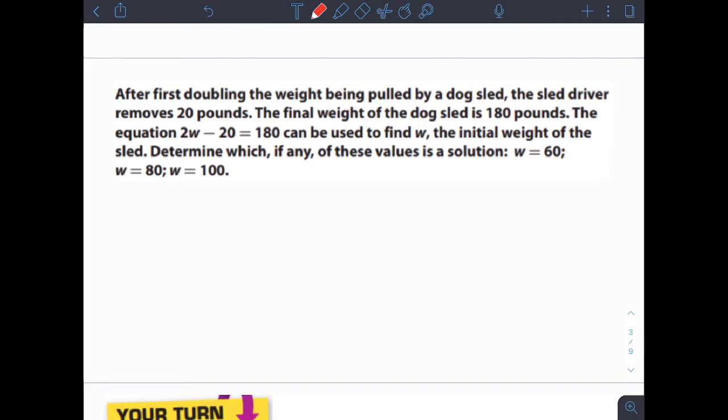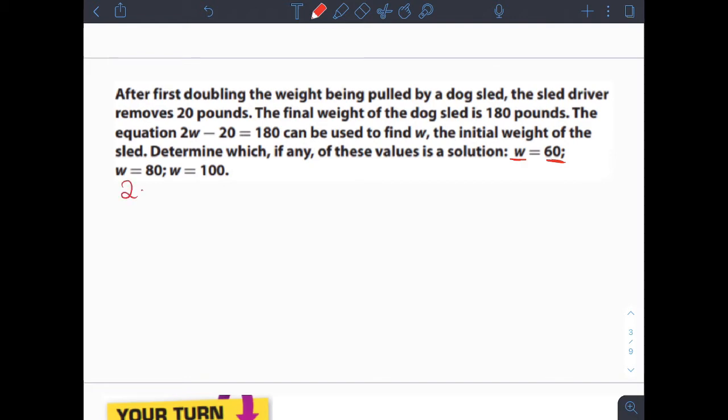Like I said before, the only thing we have to do is take the value that they're telling us W is worth and plug it into the equation that they're giving us. So we're substituting our variable, in this case W, with the number that they give us. So I'm going to start with 60.